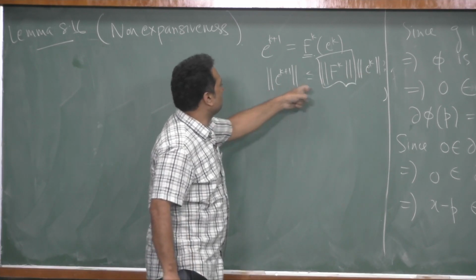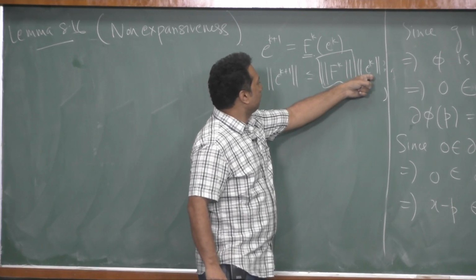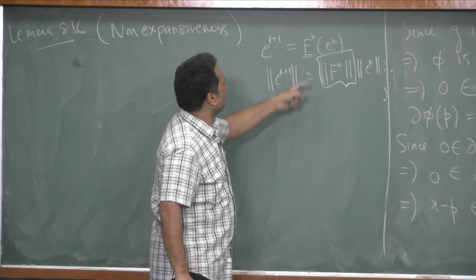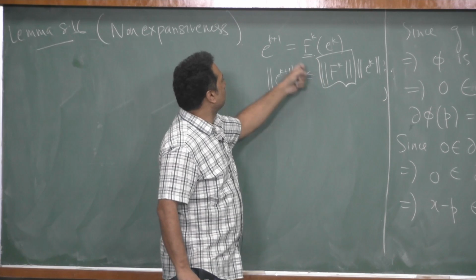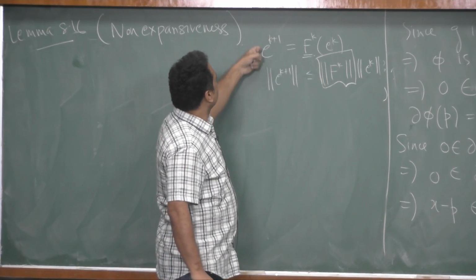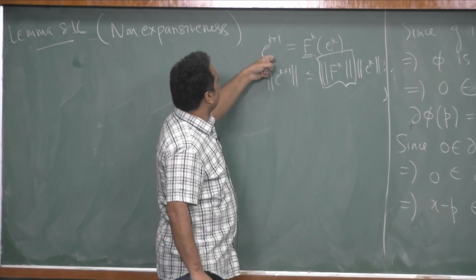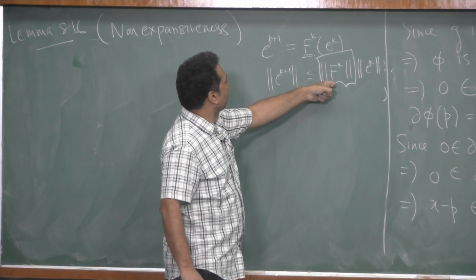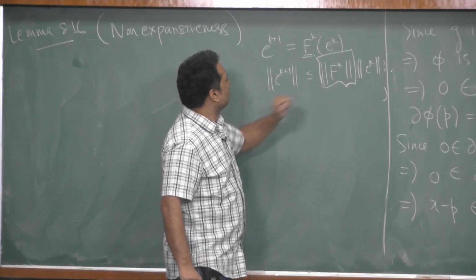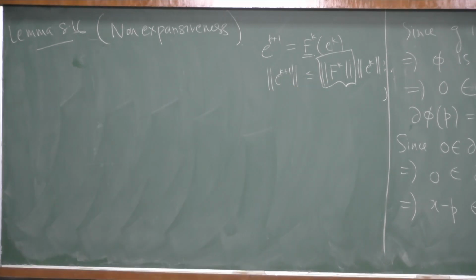So your new error will be lesser than the old error, and there is a guarantee, and that happens because the operator that is giving me the new error is a contraction mapping. So non-expansiveness is not necessarily a contraction, but we will see how it will help in the proof.